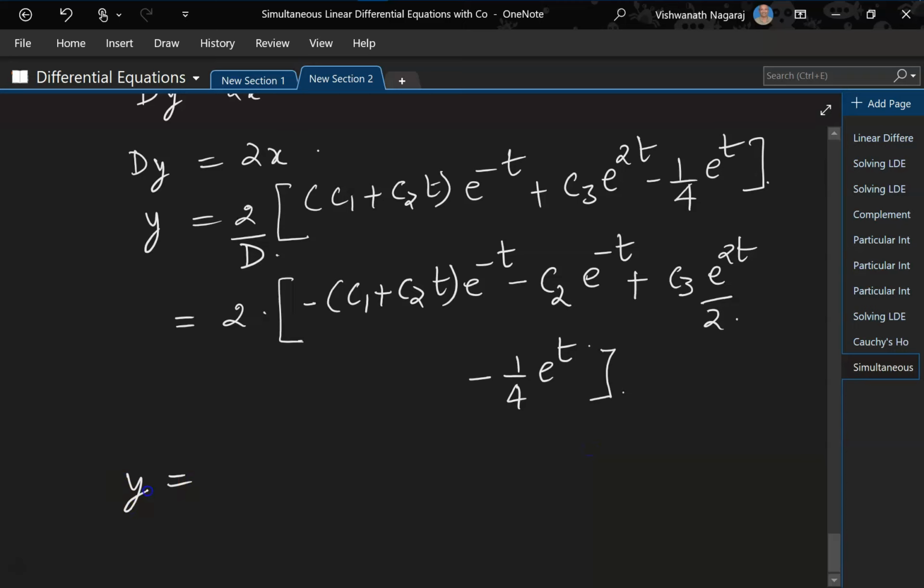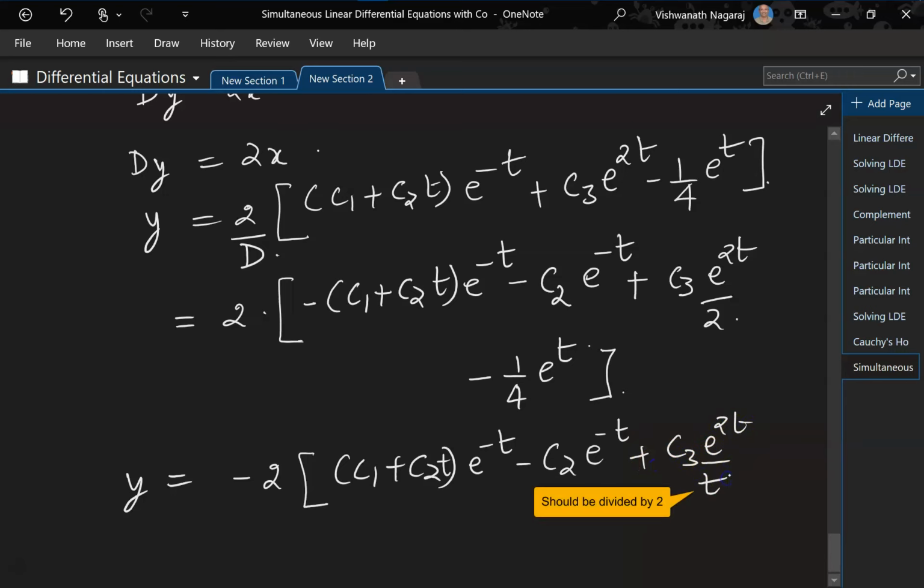Now y is equal to minus, let's take it out, c1 plus c2t e to the power of minus t minus c2 e to the power of minus t plus c3 e to the power of 2t by 2 minus 1 by 4 e to the power of t. By the way, this becomes plus because we have taken minus out, and this becomes minus and this becomes plus.